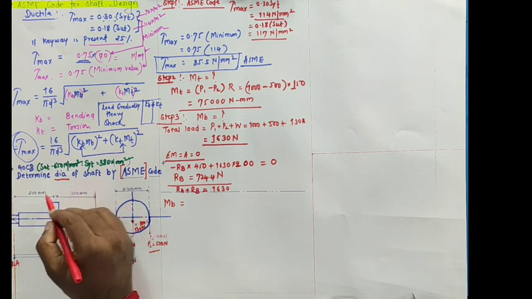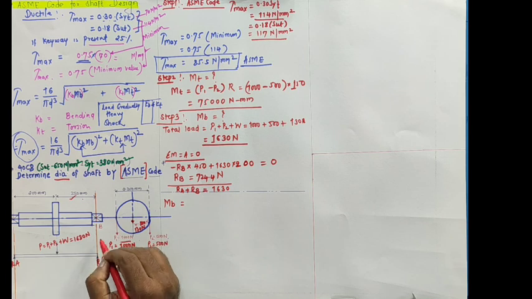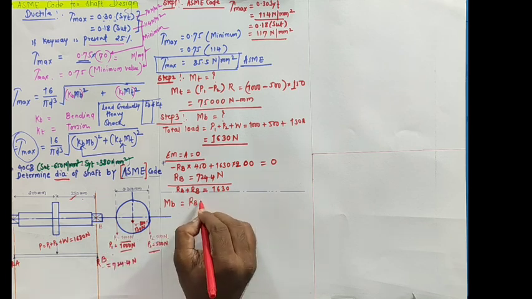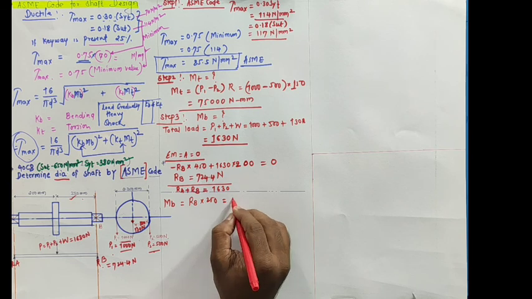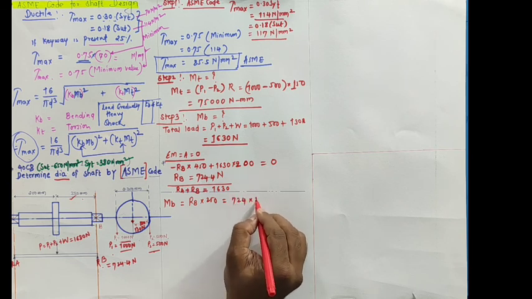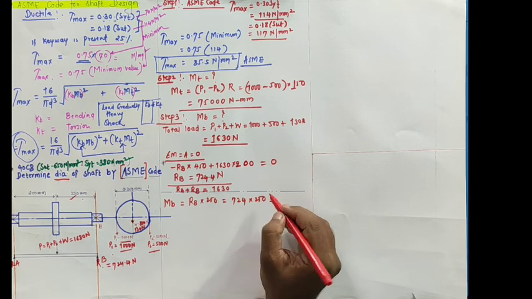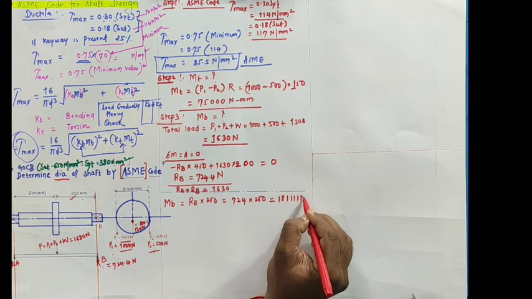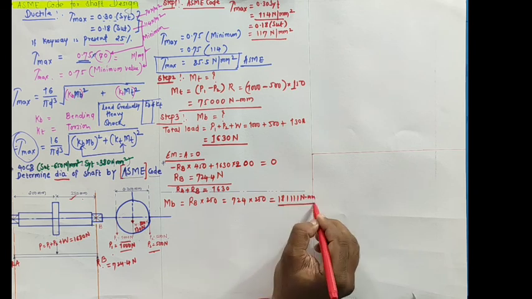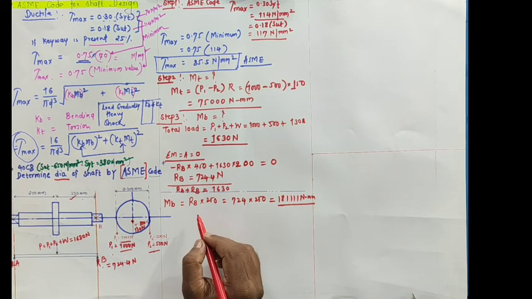I told you 200 or 250, it is 250. That's why I will have to take RB. So RB into 250. RB is 724 into 250. So this bending moment you will get as 181,111 Newton mm, or 181 kilonewton mm we can say. So that will be the bending moment.